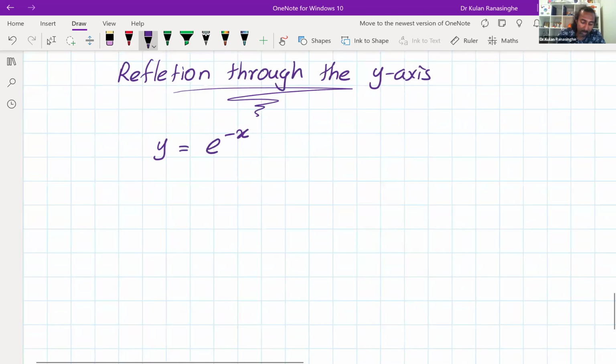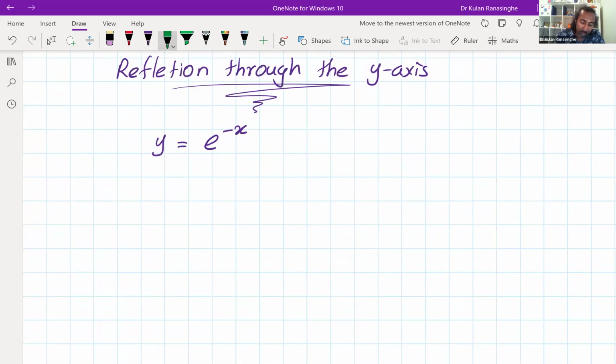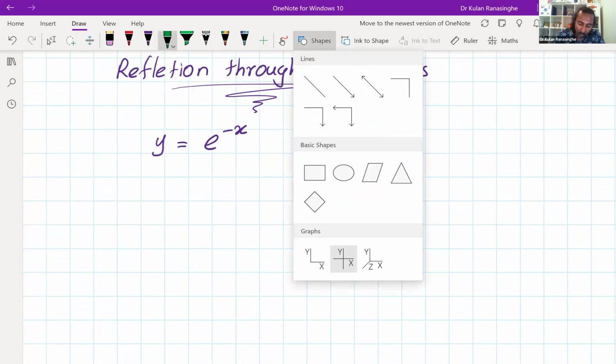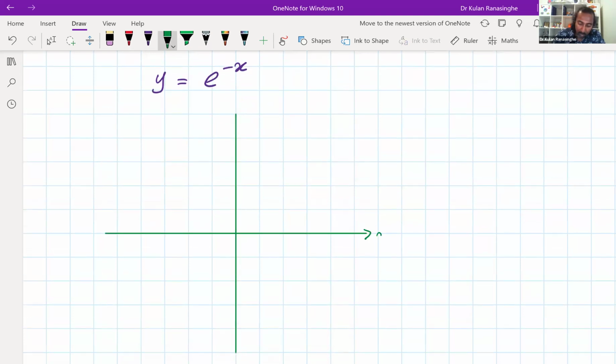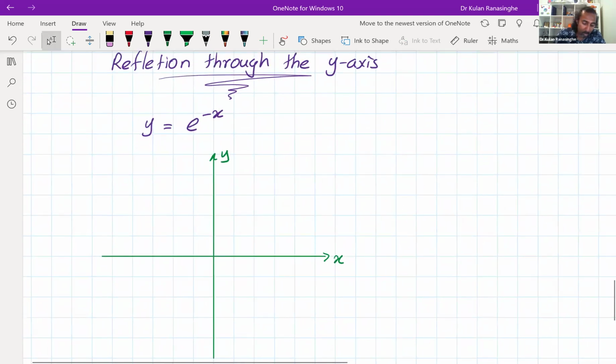We're going to have a look at that right now. Let's sketch the graph with a set of axes. I have x here, y there. Now, normally my graph is through here, like that.